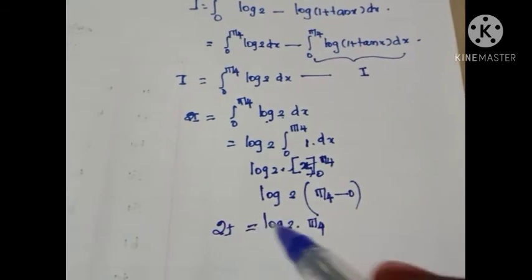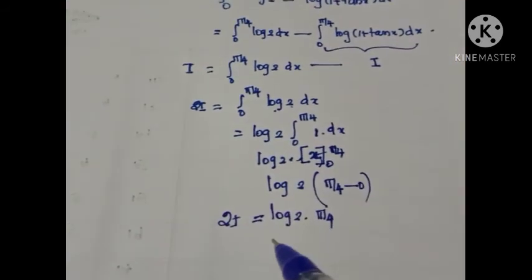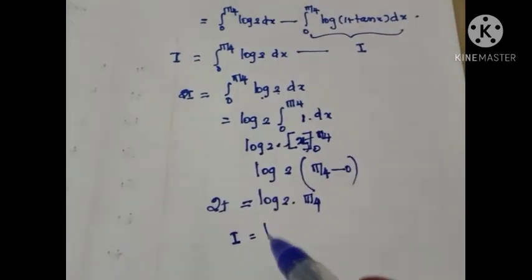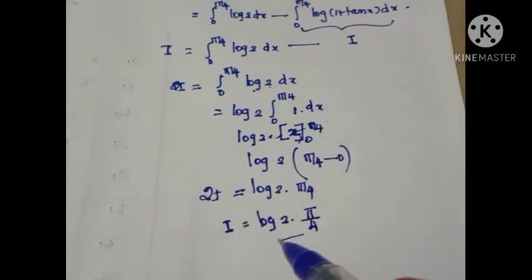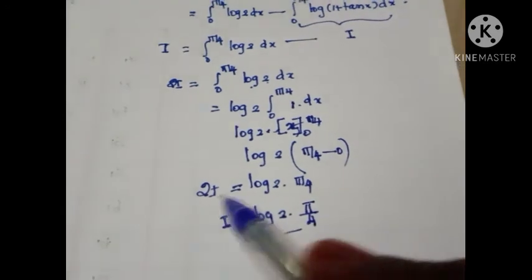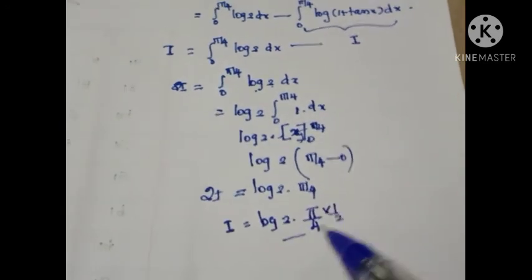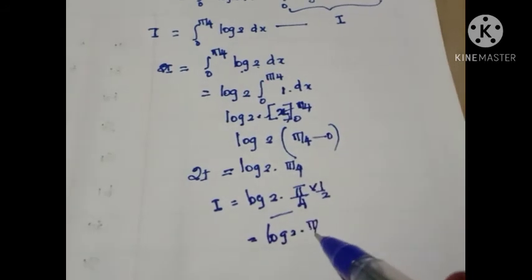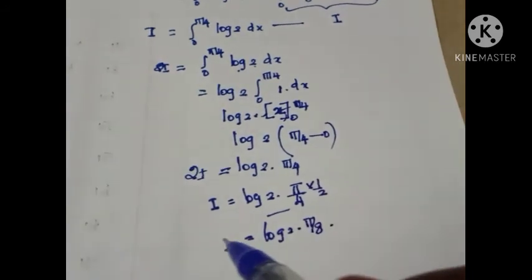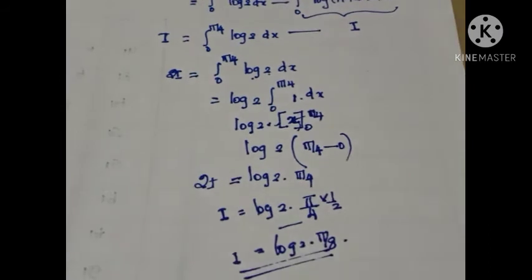So 2I is equal to log 2 into pi by 4. So what is I? Log 2 into pi by 4 into 1 by 2. So this is log 2 into pi by 8. So this is our answer.